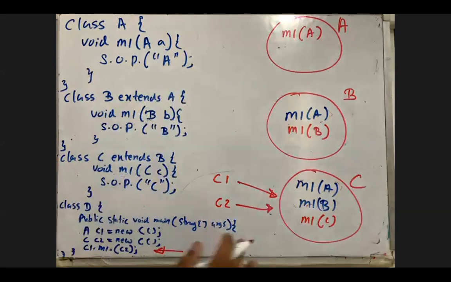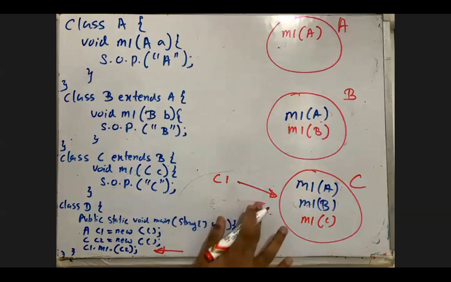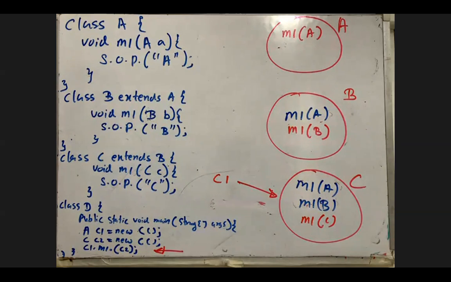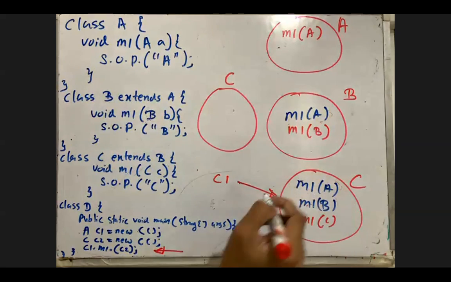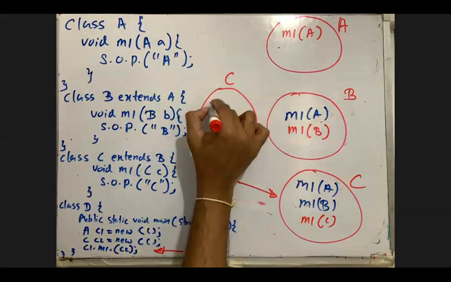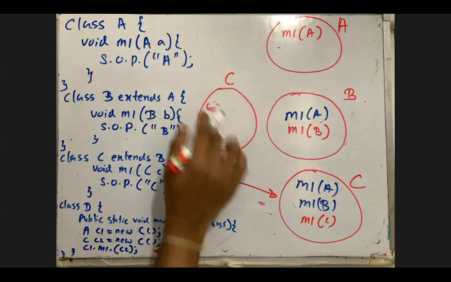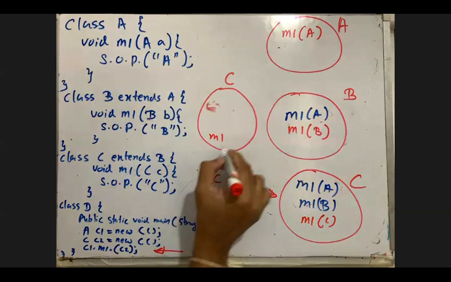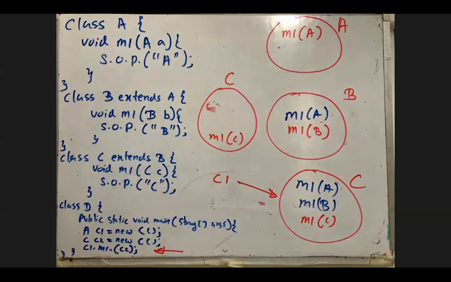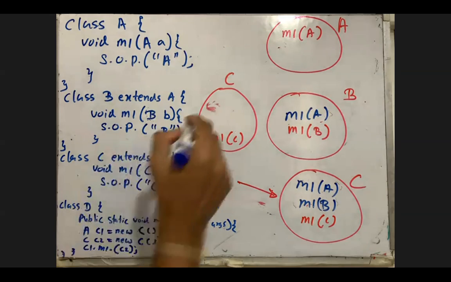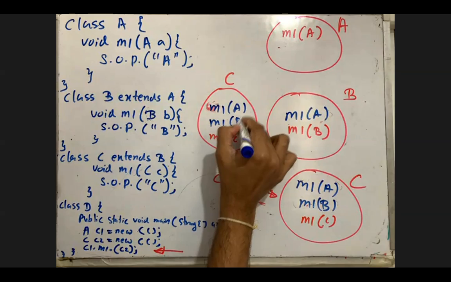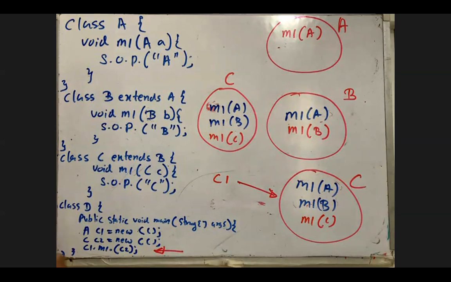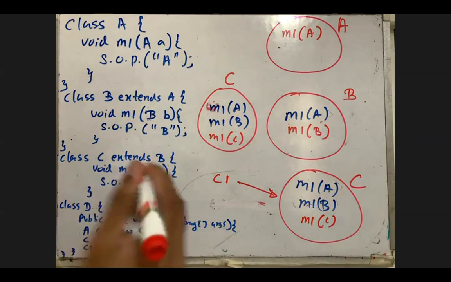Assume that this is C2. Here also M1C, M1A, M1B.